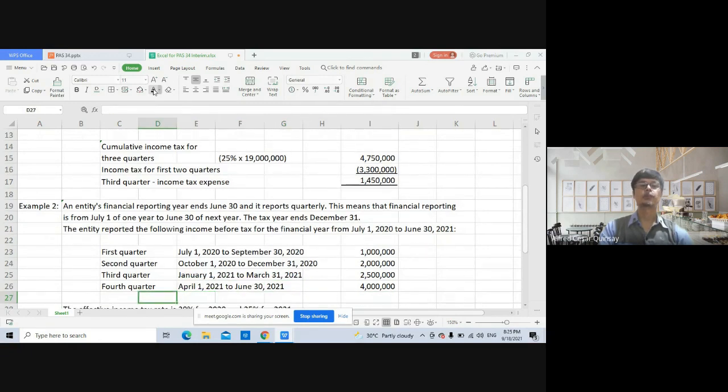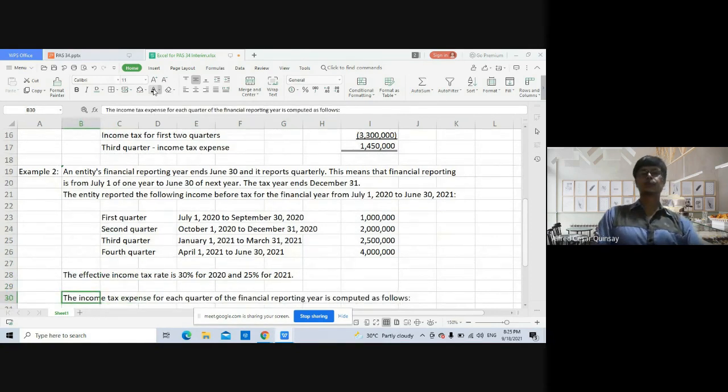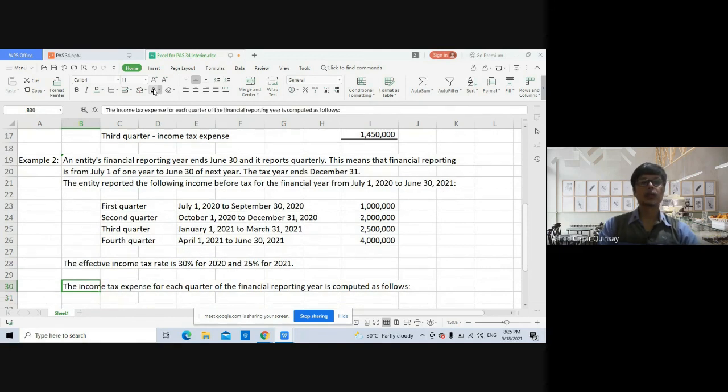Now, the effective tax rate is 30% for 2020 and 25% for 2021, which is the prevailing tax rate under the CREATE law. The income tax expense for each quarter of the financial reporting year is computed as follows.